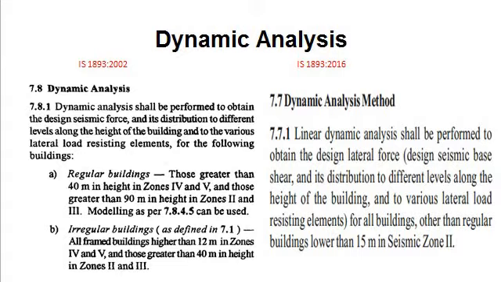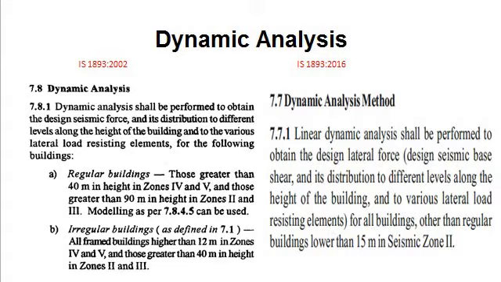Now, if we talk about the difference between the two recent codes, IS 1893 2002 and 2016. 2002 told us dynamic analysis shall be performed to obtain the design seismic force and its distribution to different levels along the height of the building and to the various lateral load resisting elements for the following buildings. In the code 2002, it gave two categories. The first category is for regular buildings and the second category is for irregular buildings.